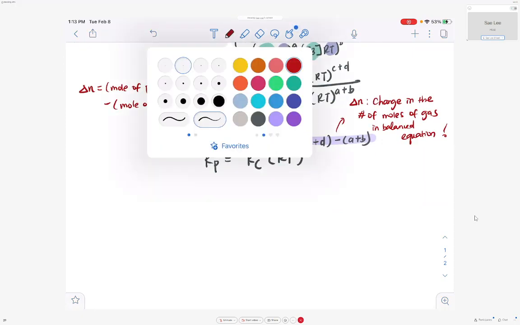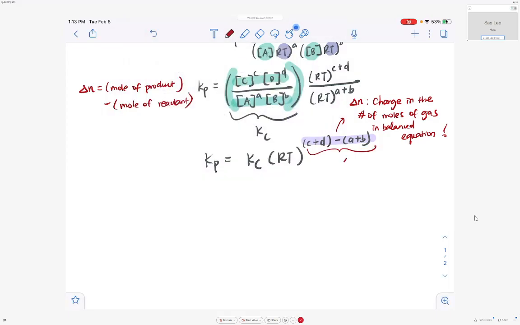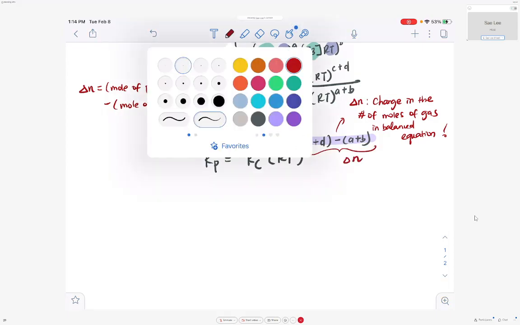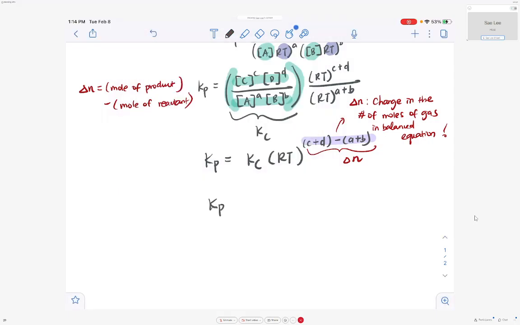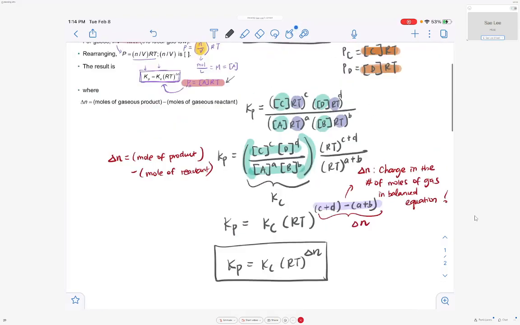So instead of this long expression, let's replace it with delta n. Then we have Kp equals Kc times RT to the power delta n. This is how Kp and Kc are related, and this is how we arrive at this equation.